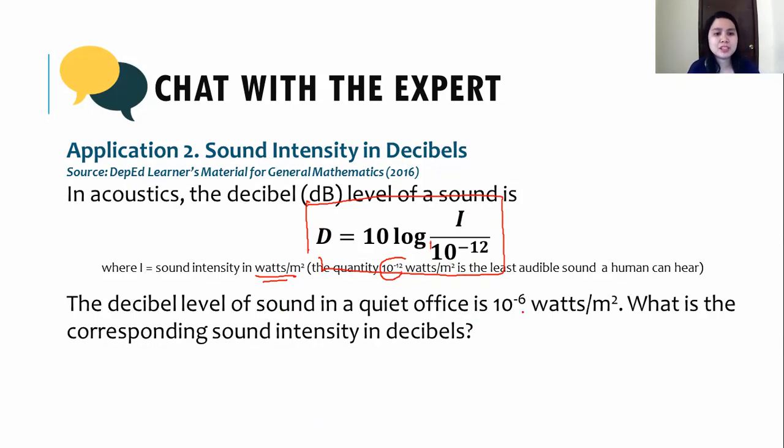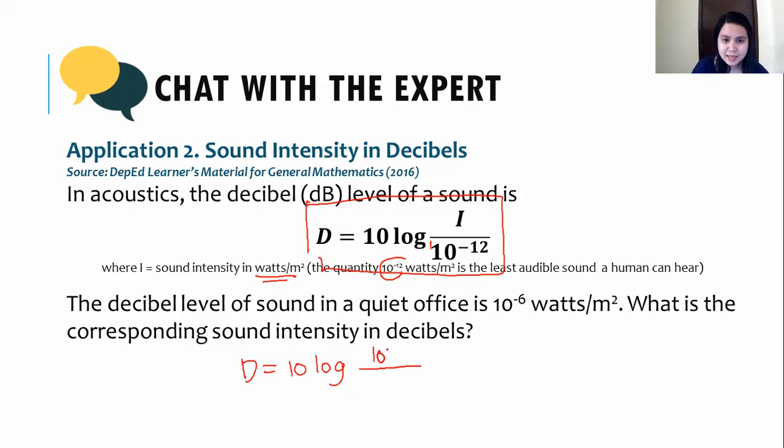Now, here's the question. The sound intensity in a quiet office is 10 to the negative 6 watts per meter squared. What is the corresponding sound level in decibels? So let's solve. That's D equals 10 log, what's our intensity?